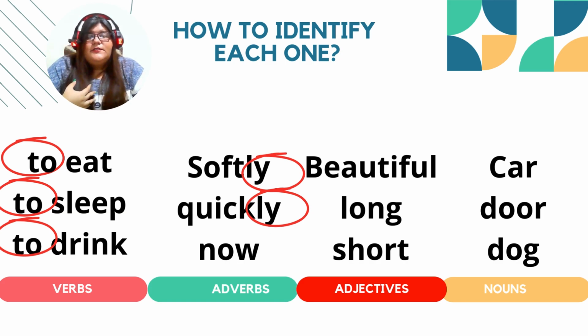I'm trying to give a description maybe of me or someone else, or an animal or a place. So keep in mind that adjectives give descriptions. Then we have nouns: car, door, and dog. Anything can be a noun. Do you remember? It doesn't matter if it's a box or a cell phone or a book.